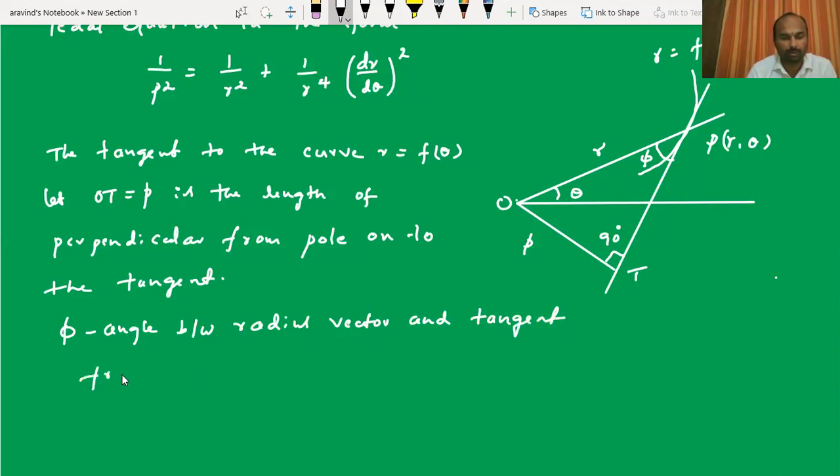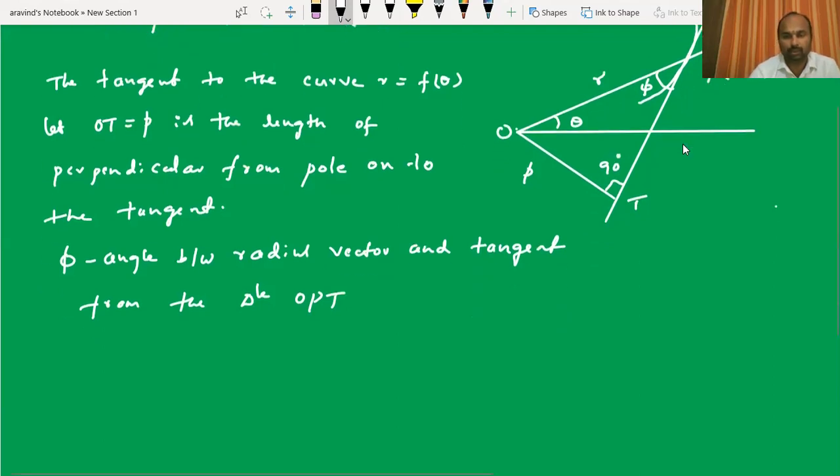Now from the triangle OPT, this will be a right angle triangle. For this angle phi, OT is the opposite side, and OP is the hypotenuse.